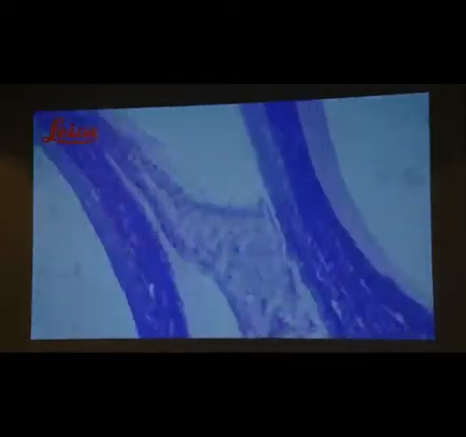So it is a stratified epithelium here, typical, and the light is not very good, but what you see here are atypical mitoses.